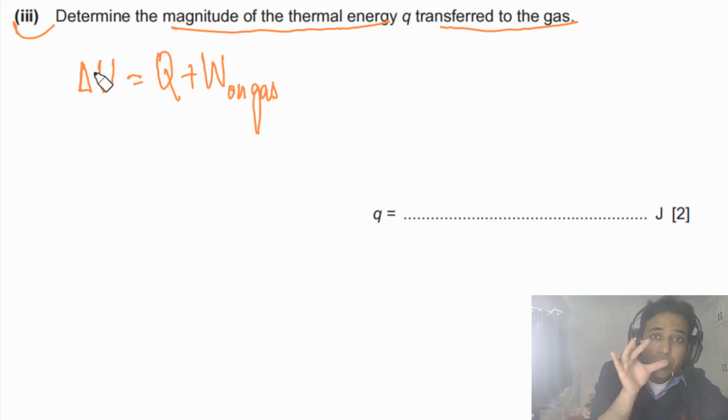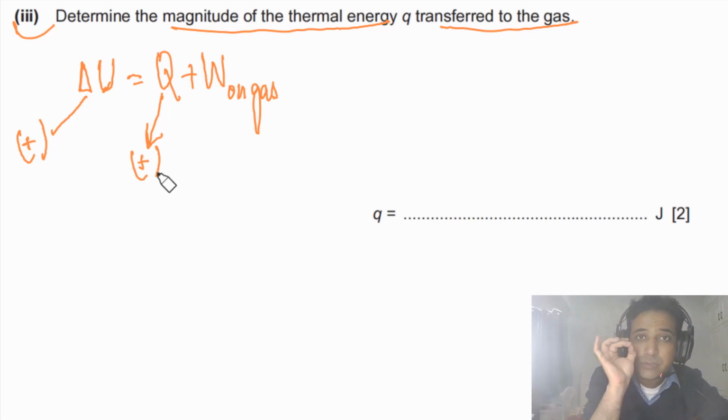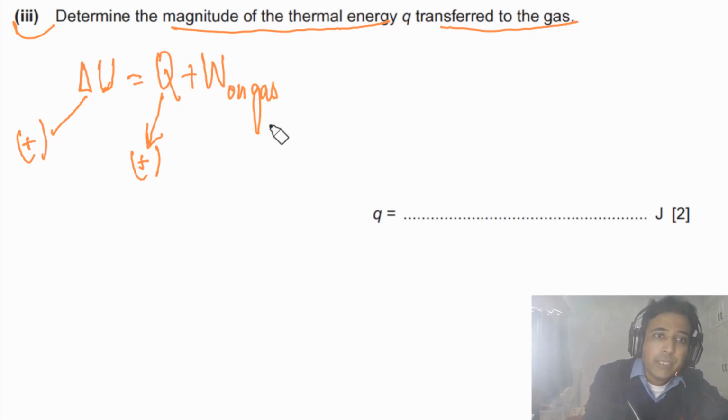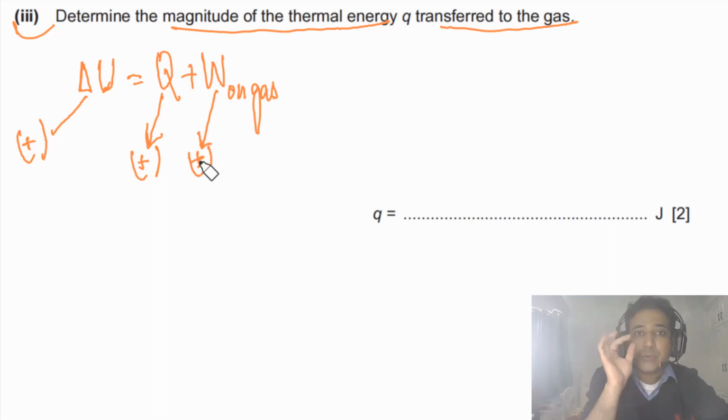Here we have the change in internal energy, and this change in internal energy will be positive if Q is positive and if work done on gas is also positive. But if Q is positive and W is negative, then we need to compare which one is bigger. Then we can explain whether the change in internal energy will be positive or negative.